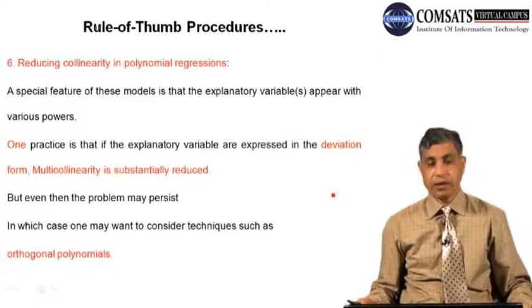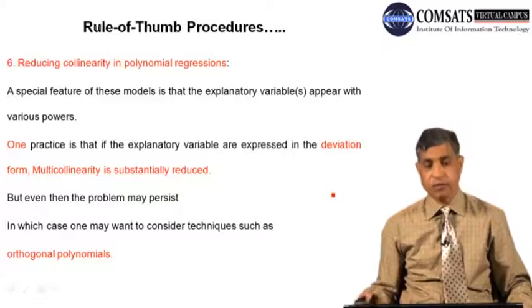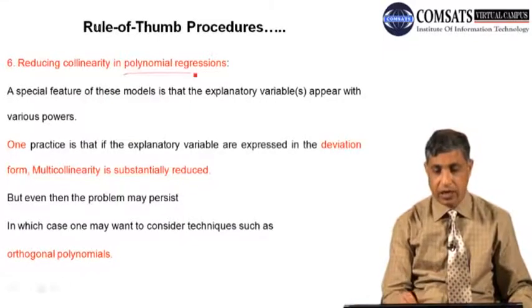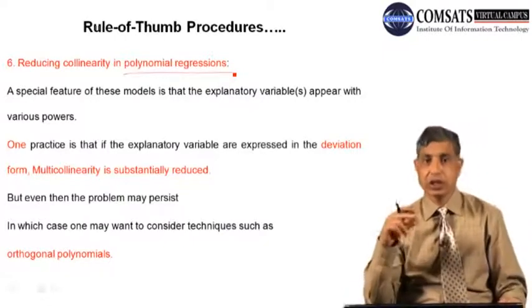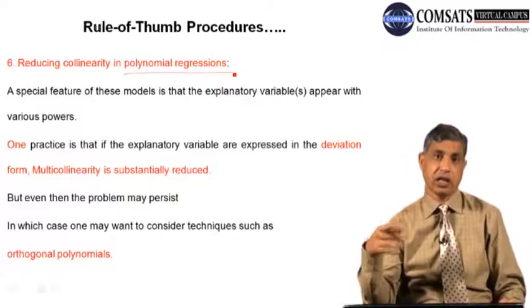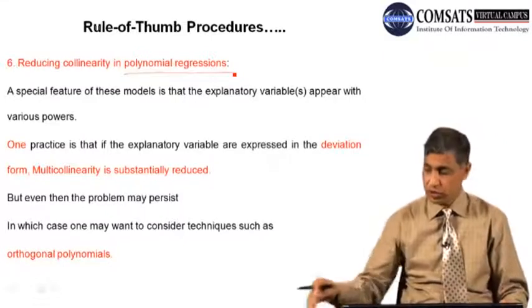The next rule of thumb is reducing collinearity in polynomial regression. If you remember, some of our models are such that there is a quadratic term, and then the polynomial term is also there.